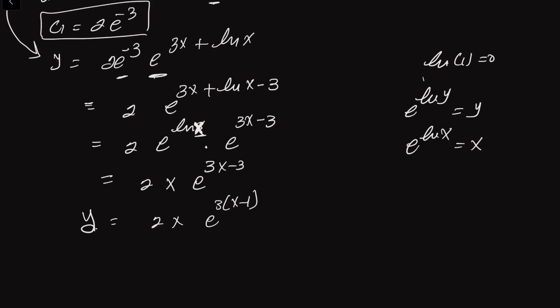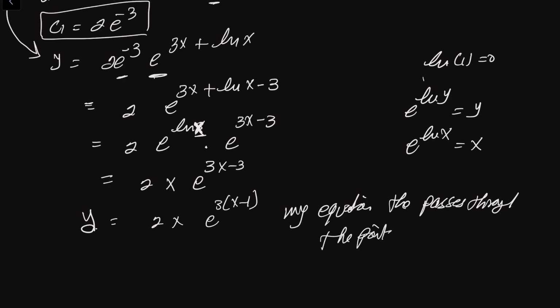Okay, and that's going to be my equation that passes through the point (1, 2) and has the slope 3 plus 1 over x, times y.